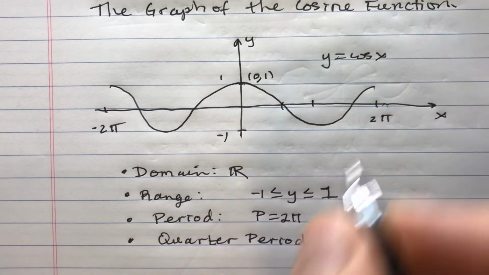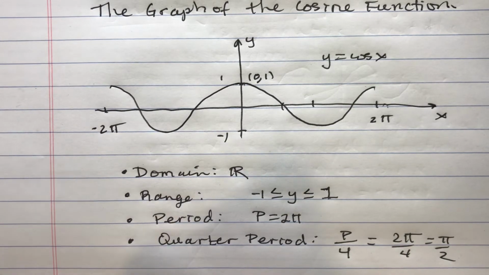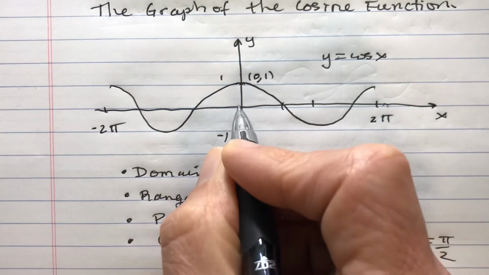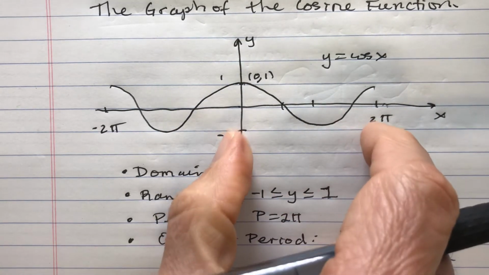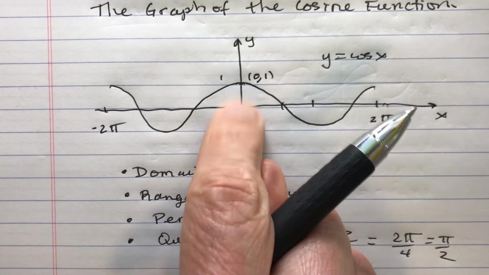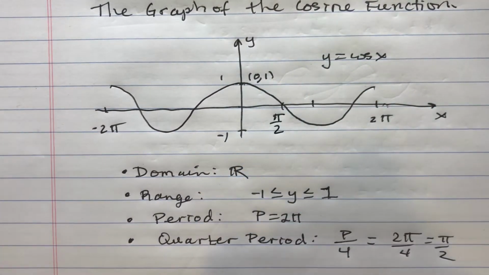So the key points, maybe I'll write that down here. I'm just going to look at what they call a fundamental cycle. Starting at 0, I have a maximum, and then at the quarter period, at pi over 2, I have an x-intercept.